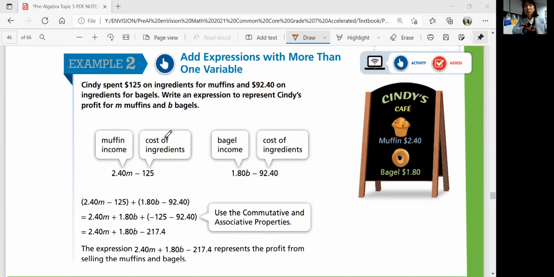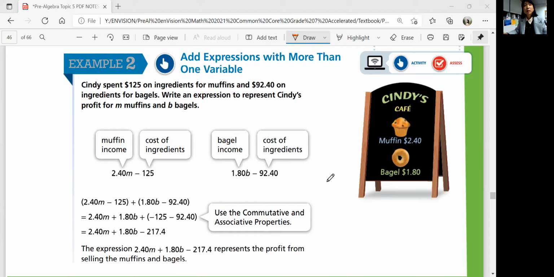So you spend the money first, and then you earn money by selling it. So you have to subtract it later to calculate how much she really earned. Same for the bagels. You earn 1.8 times how many bagels she sells, and then she needs to subtract the cost of ingredients, $92.4.